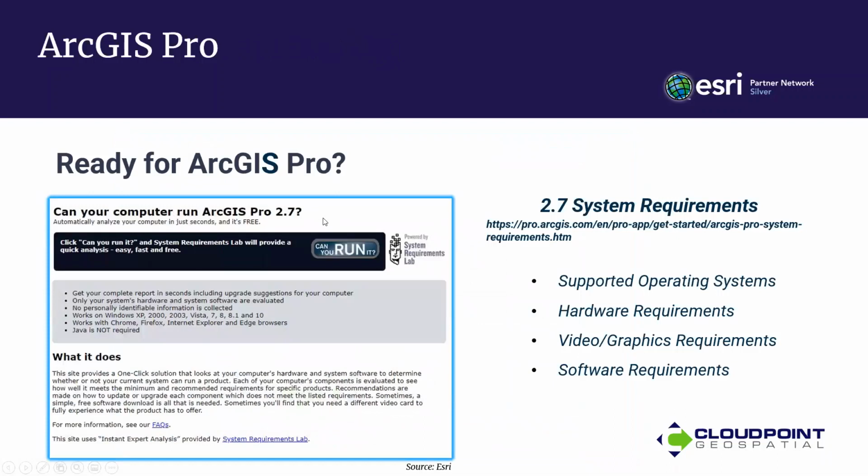Once you are ready to make the move to Pro, or if you installed Pro and the software is not performing well, you may want to run this tool. It is called Can You Run It?